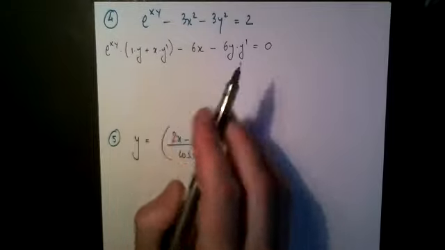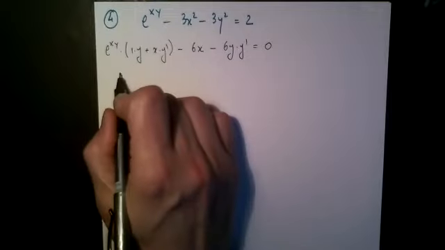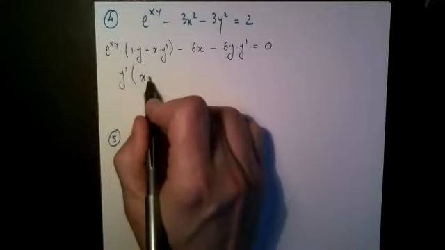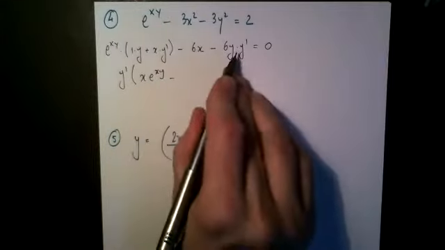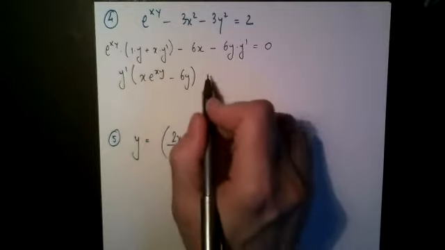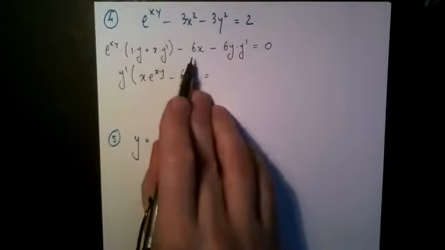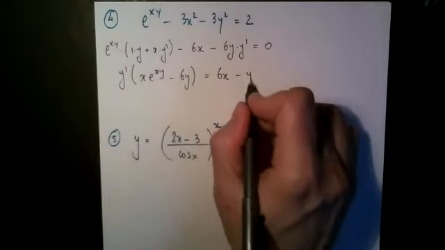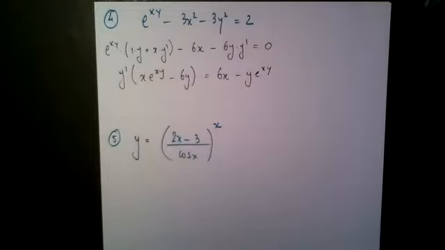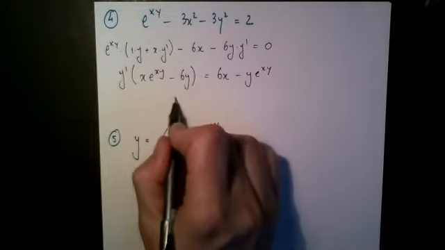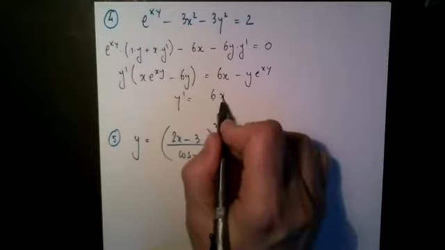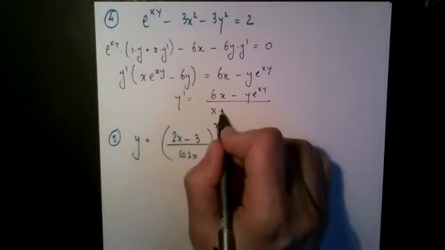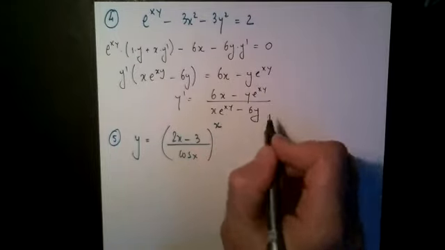Now I just need to isolate y prime. So y prime times x e to the xy minus 6y equals whatever doesn't have a y prime, I put on the right, so it's 6x minus y e to the xy. And I could find y prime: 6x minus y e to the xy over x e to the xy minus 6y. There you go.